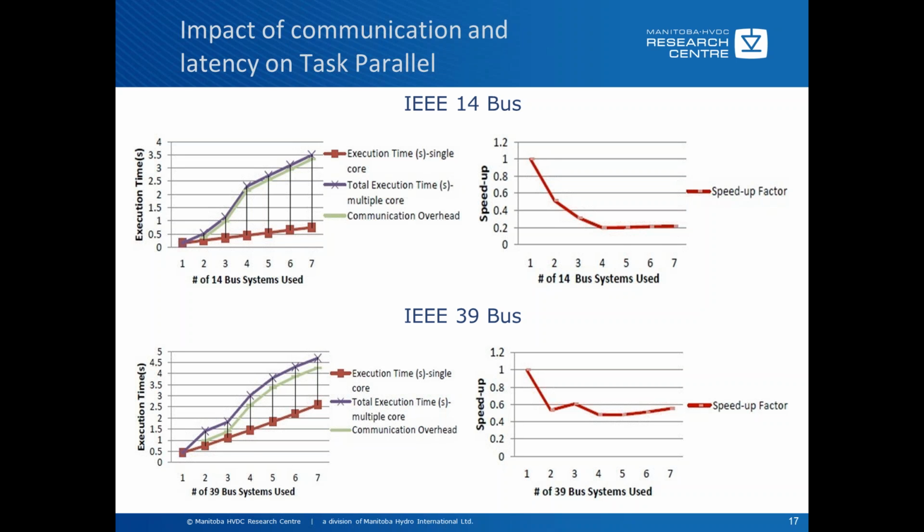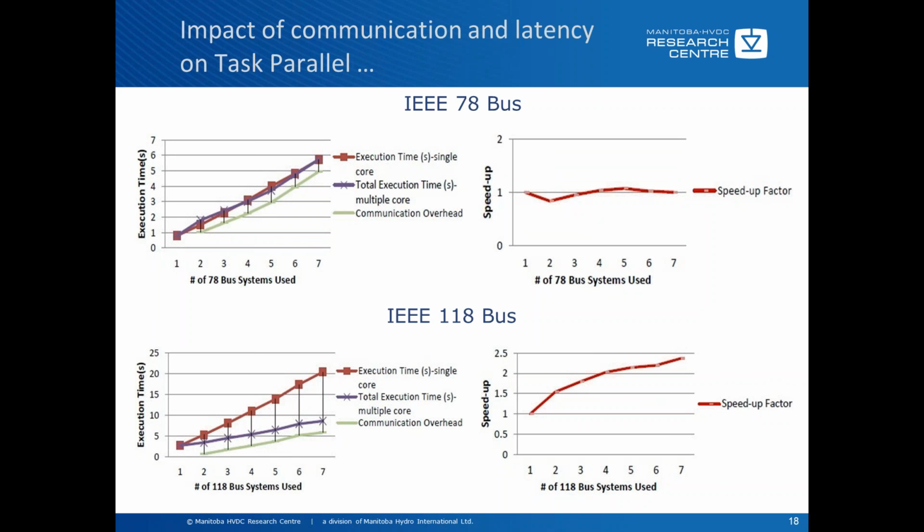So as we increase up to 7 systems, it's slowed down. As we increase the size of each system, the slowdown is not so evident. Then as we make the systems larger, we find that there's a tipping point when we're using TCP at about 78 buses, where the speed in a single CPU is about the same as multiple CPUs.